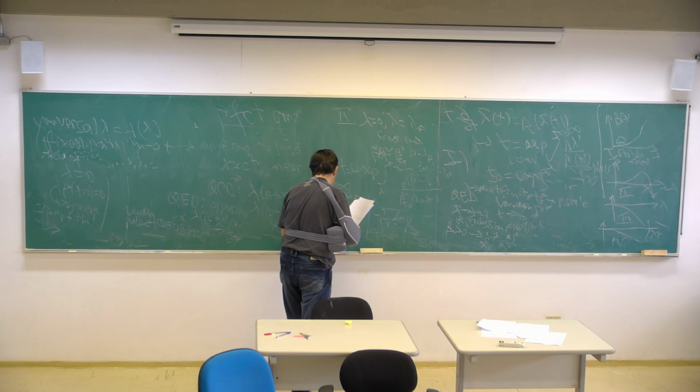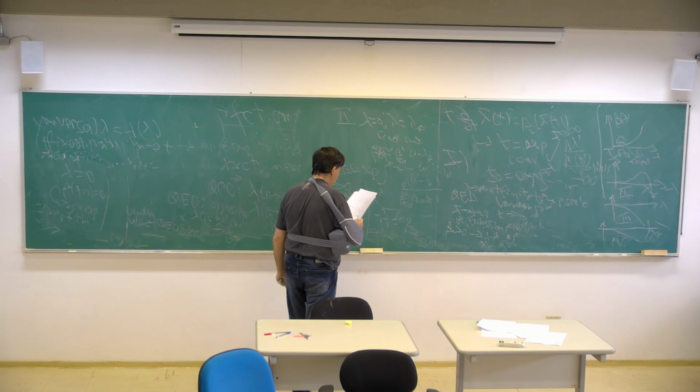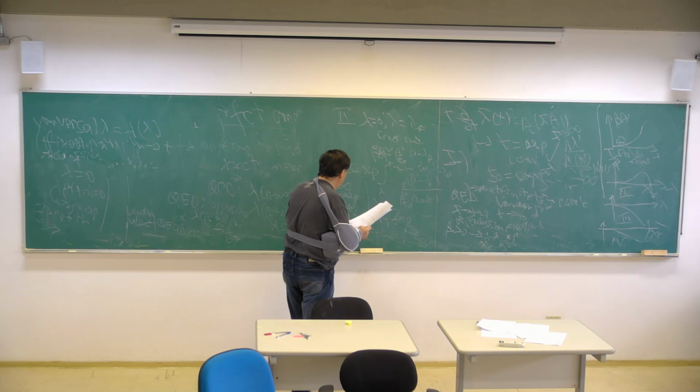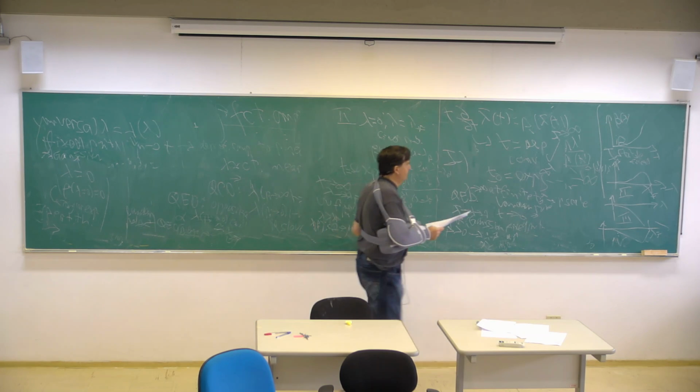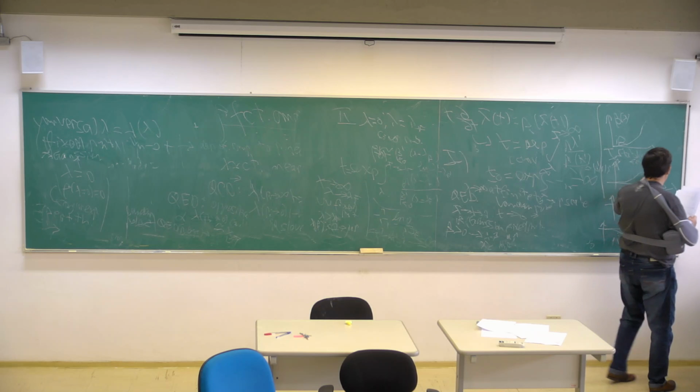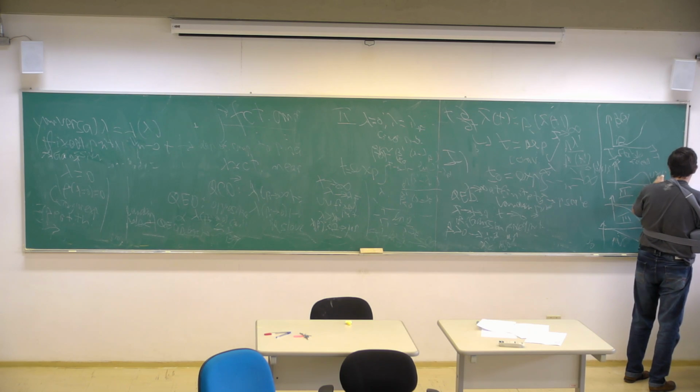So if lambda decreases, if it's smaller than lambda f, then mu will increase and we'll take it back to lambda f. So that means this is a UV fixed point and it's stable.